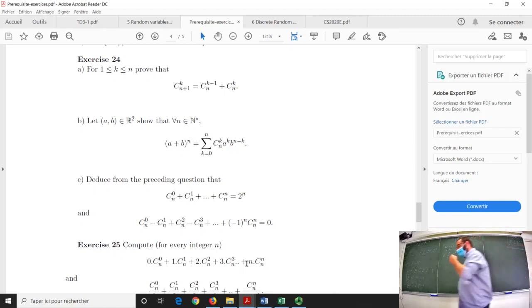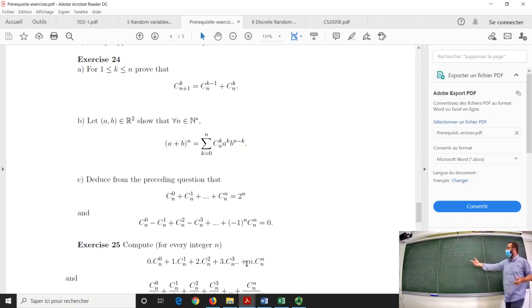So now we are going to regroup the two sums. But when I want to regroup the two sums, I have to be careful of the bounds in the summation. Here I have a sum from k equal to 0 to n. Here a sum from k equal to 1 to n plus 1. And if I want to regroup them, the sum has to be over the same set of indexation.